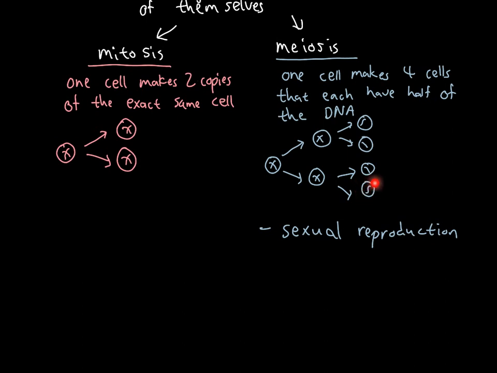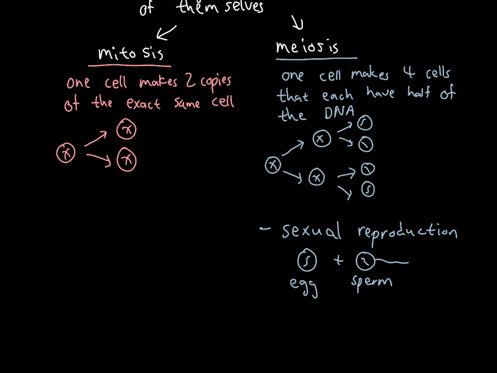And so each of these has only half the DNA. And you guys know when a female and a male combine the DNA together and create a baby, they combine a sperm cell and an egg cell. So if I'm going to draw, for example, let's say this is the egg cell with half the DNA from the mother, and it'll combine with a sperm cell with, let's say, half the DNA from the father.